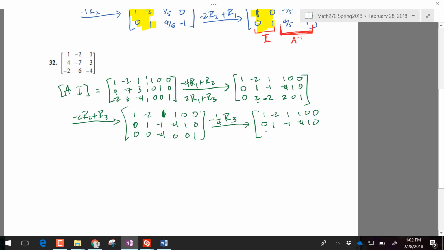Mistake? One, negative 1. Negative 4, yeah. Negative 2 times negative 4. Oh, I did it with the first row. Ah, crap.